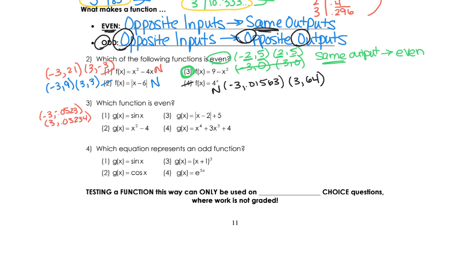And so you can see that we have a correlation between our outputs, but they are opposite. The one that goes with -3 has a negative in front of it, and the one that goes with +3 doesn't. And so these are opposite inputs, opposite outputs. And so number 1 is not even, but number 1 is odd. Okay, but they're looking for which one's even, so we're going to keep going.